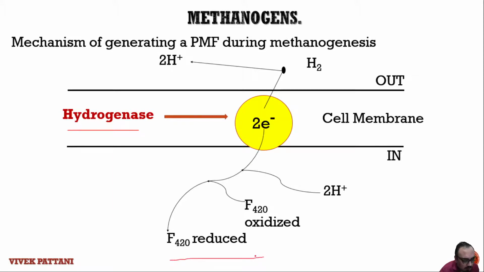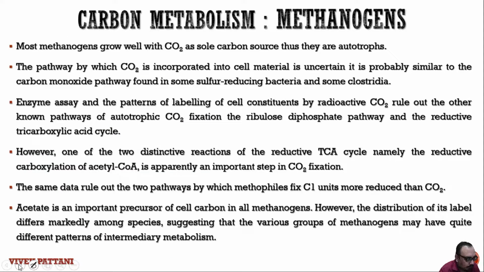Now you can clearly see F420 being converted into reduced F420, and two hydrogens pass through the cell membrane, forming a hydrogen gradient, and this is how proton motive force is generated, using ferredoxin carriers, F420 or F420 coenzymes.